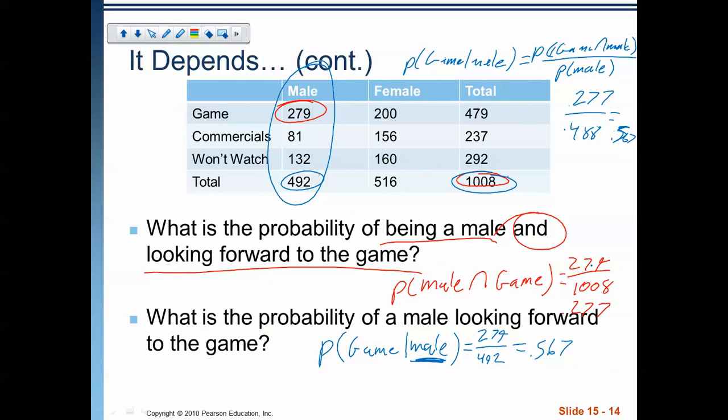Probability of being male, we had to figure that out, but the probability of being male is 492 out of 1008. And so 0.277 over 0.488 is 0.567. Okay? So the formula works. But like I said, sometimes we don't need formulas because there is an intuitive way to solve the problem.